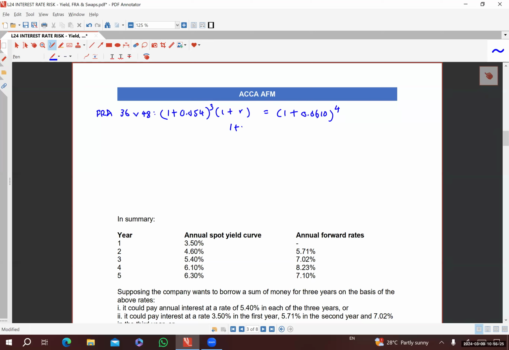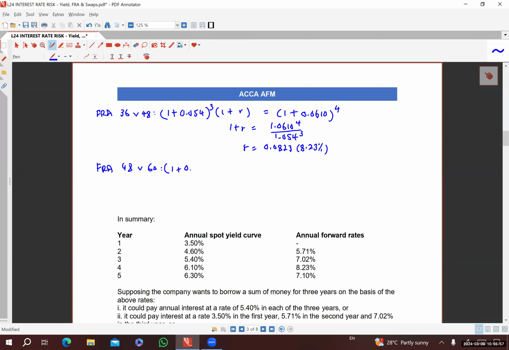So by solving this, R is equal to 8.23%.